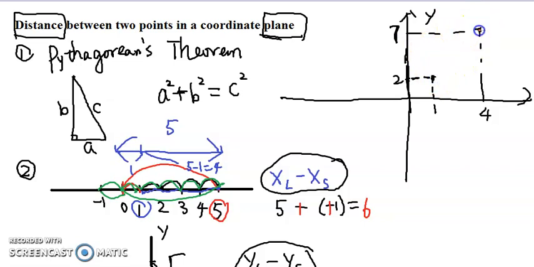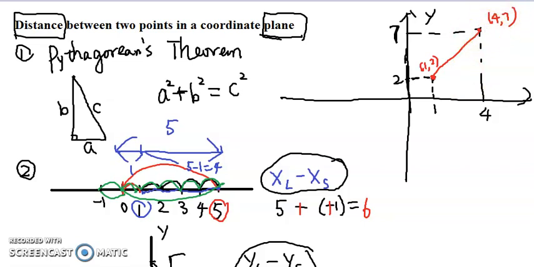So what's the distance? What we want to find out is the distance from this point (1, 2) to that point (4, 7). And because they're not falling on a horizontal line or vertical line, we can't just subtract the numbers anymore. But the idea is very unique, very creative.